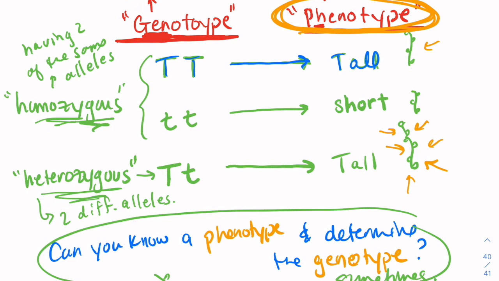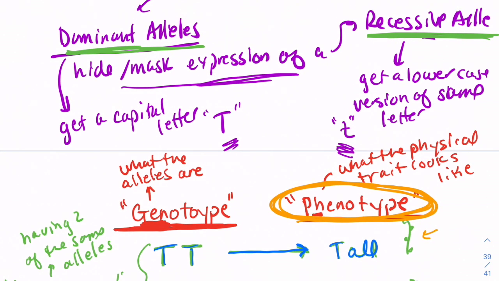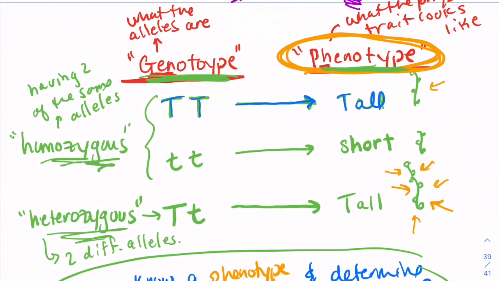All right, so we are getting lots and lots of vocabulary here, aren't we? We have dominant and recessive. We have genotype and phenotype. We've got to keep those straight. We have homozygous and heterozygous. And from now on, we are not going to be using words like big T, little t, little t. We're going to combine them and say words like heterozygous, to mean one of each allele.